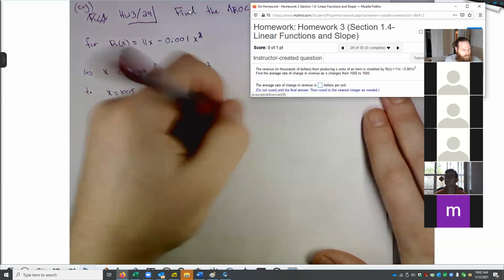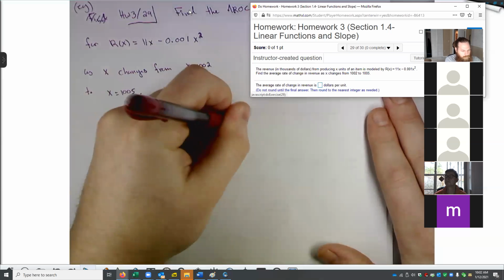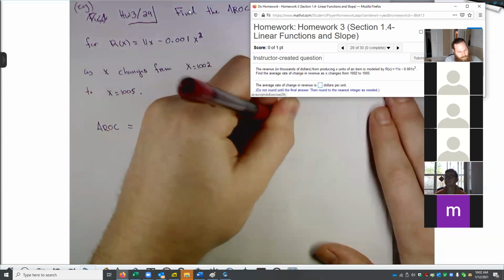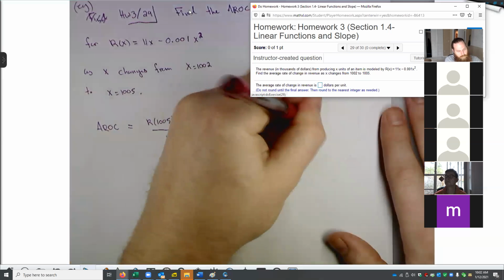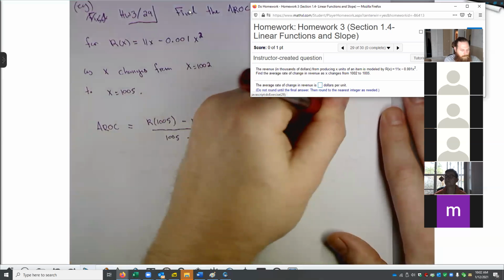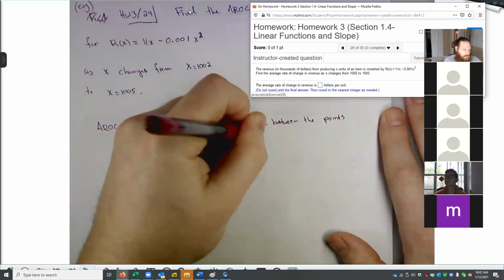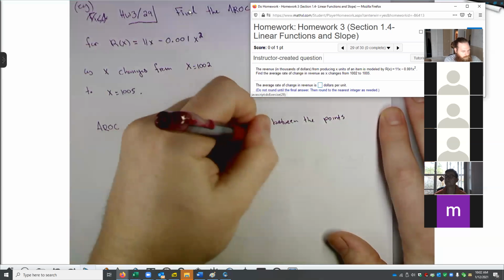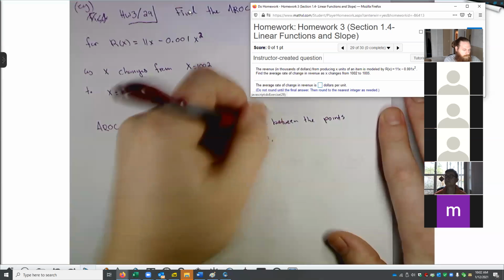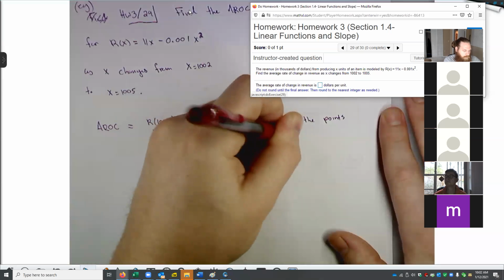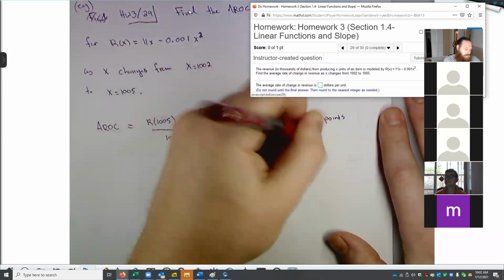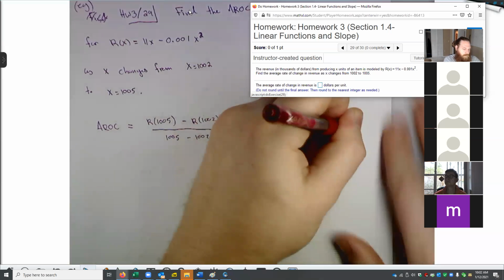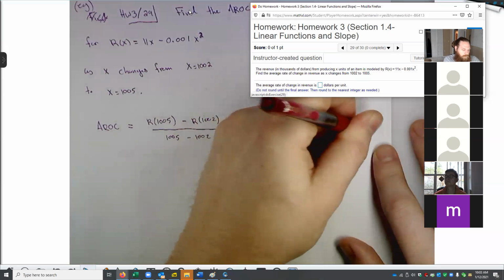In other words, we're finding the slope between the points 1002 comma R of 1002 and 1005 comma R of 1005.